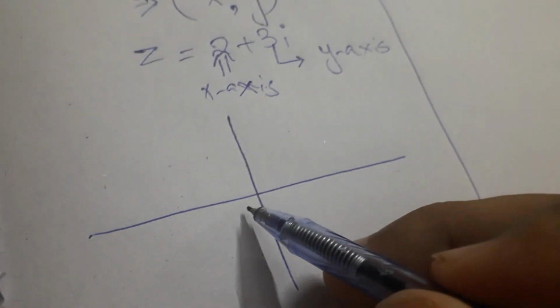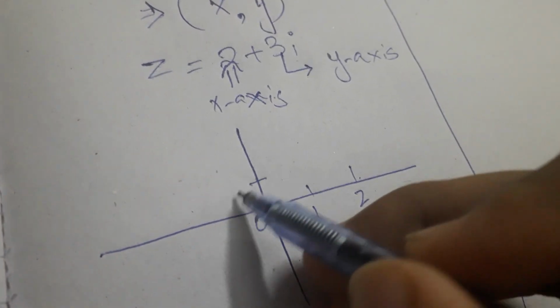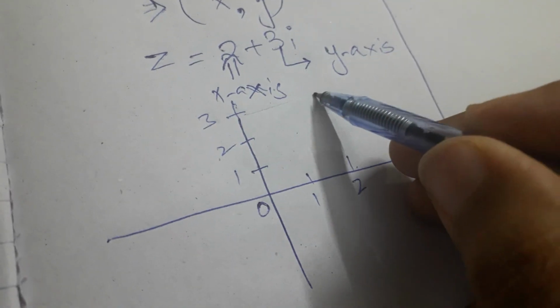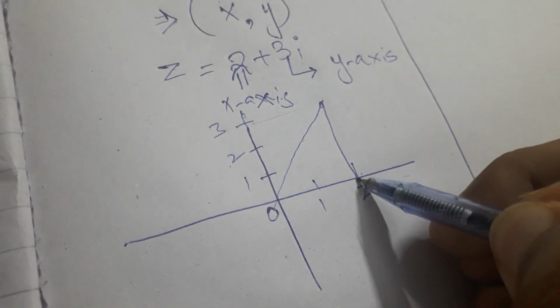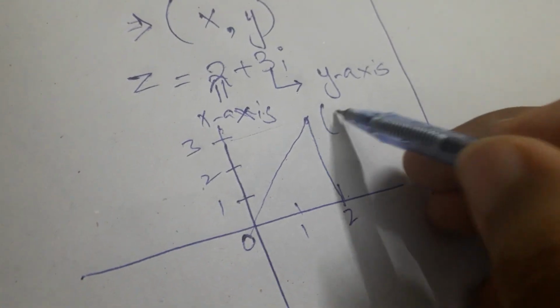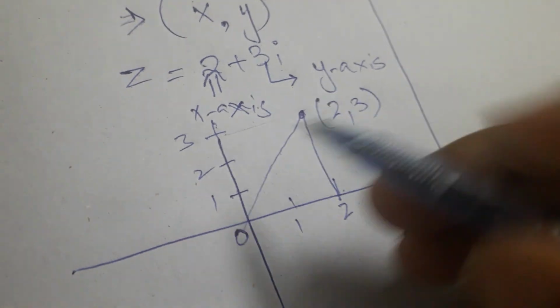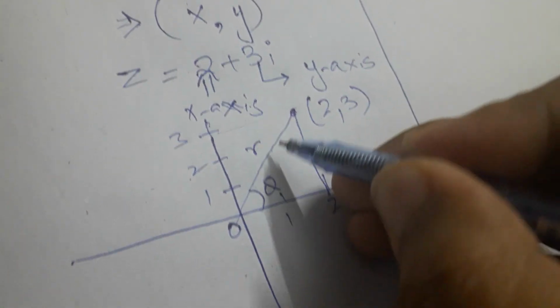So on the x-axis we have 2 and on the y-axis we have 3. This is 2 comma 3. This is the angle. This is r.